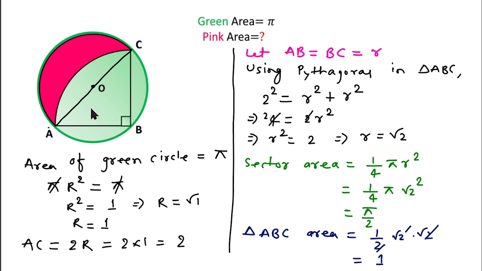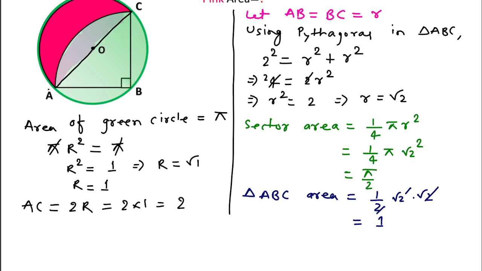Now after this I will calculate the area of the segment. So what will be this area? Area of this complete sector minus area of this triangle ABC, then we will get the area of this segment.